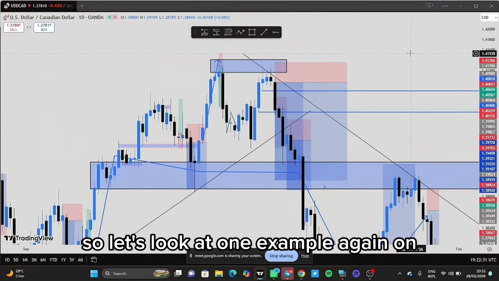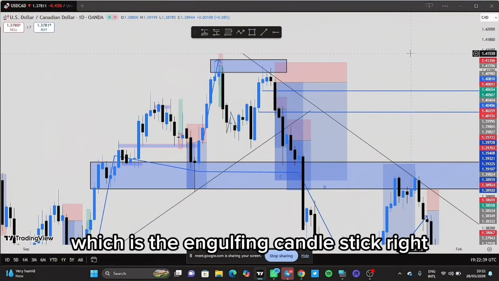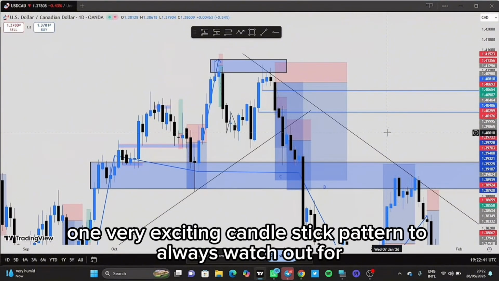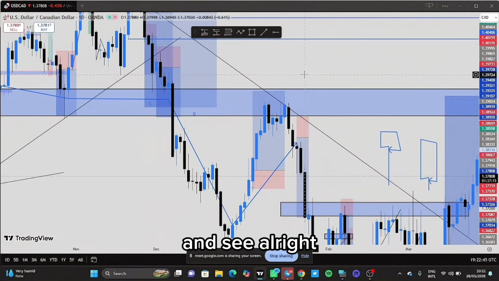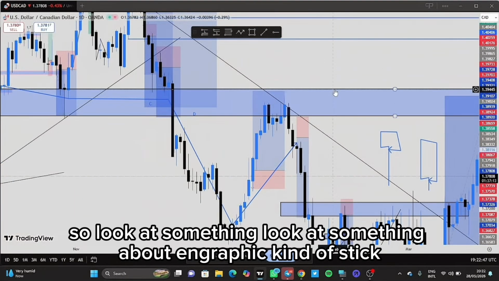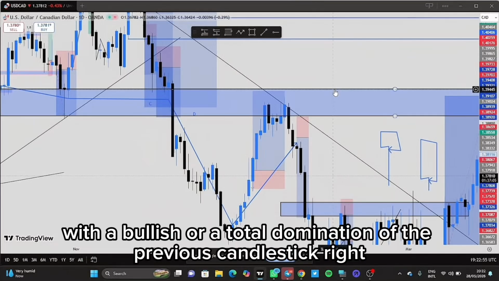So let's look at one more example of a candlestick pattern that you guys need to understand or know, which is the engulfing candlestick, right? One very exciting candlestick pattern to always watch out for. The engulfing candlestick is formed with a total domination of the previous candlestick, right?